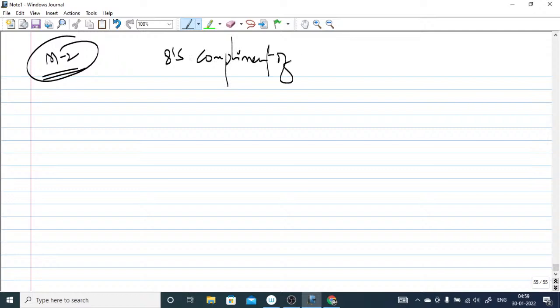This is how we can directly find it with the help of a two-step process. But method 2, if you want to go according to your book, suppose you have to find the eighths complement of 32.6. You can directly apply the formula r to the power n minus capital N. So r to the power n means 8 to the power n.